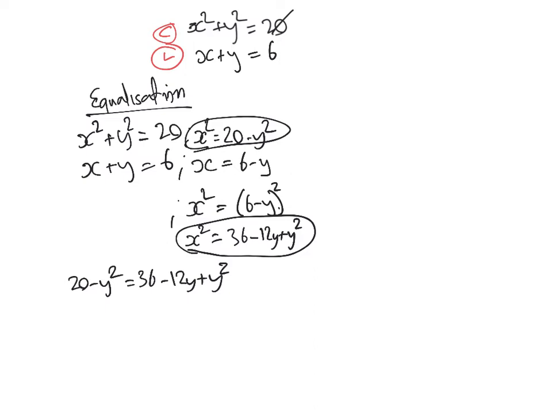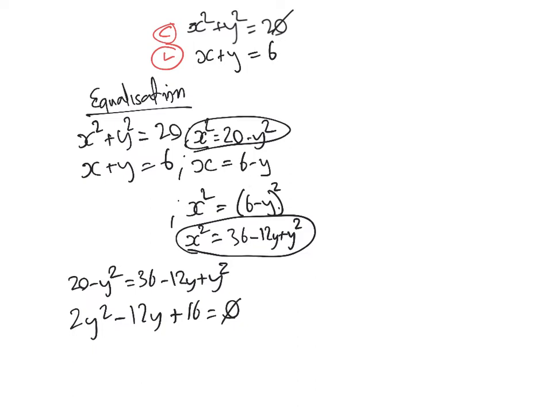It's y's rather than x's, but it doesn't matter which letter we're going to work out first. So we need it to equal 0, so let's rearrange it. So first step, we'll end up with 2y squared minus 12y plus 16 equals 0. So that's our first level quadratic equation.